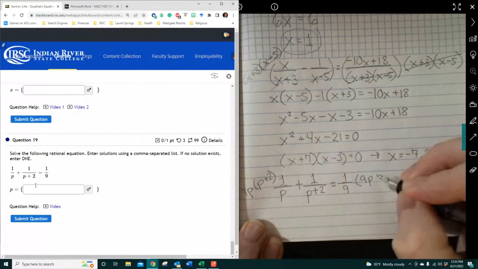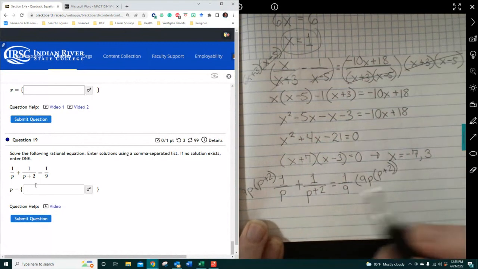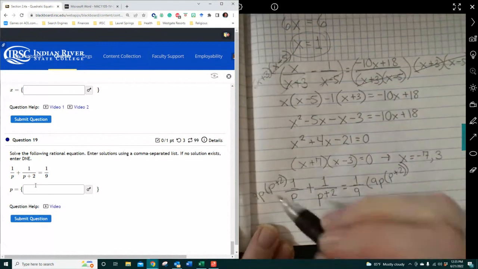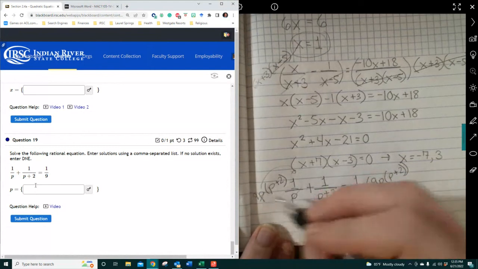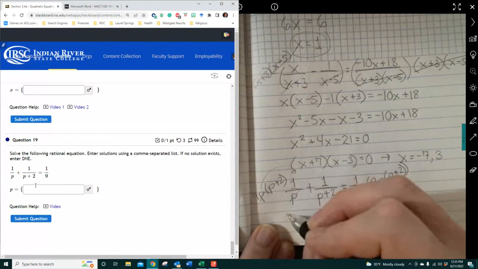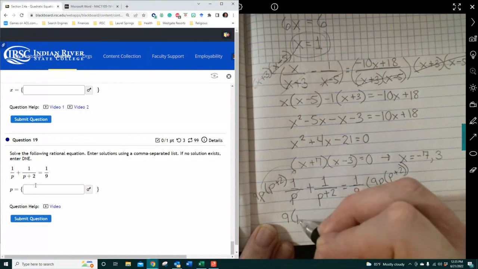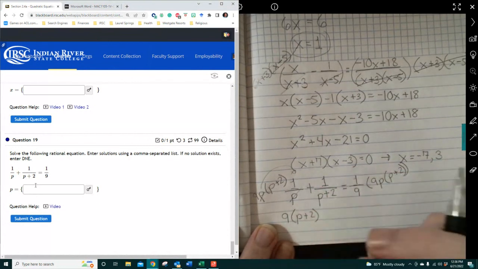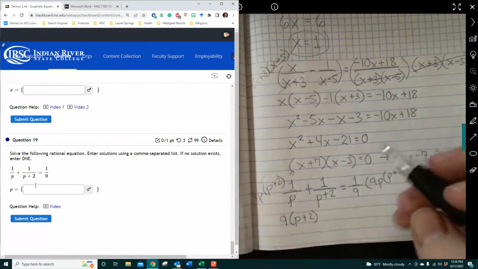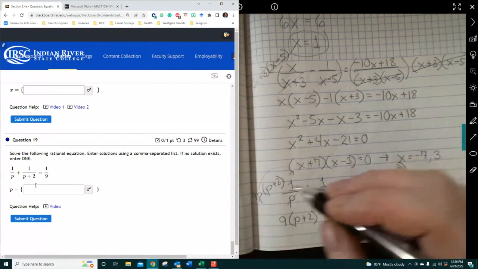And what you do to one side, you do to the other. So that's 9p, p plus 2. Now, I go ahead and do that. I distribute this out to this, and the p's will knock each other out, leaving me with 9 times p plus 2 times 1, and that means it goes away, because 1 times anything is itself. And then I do the same thing for this.